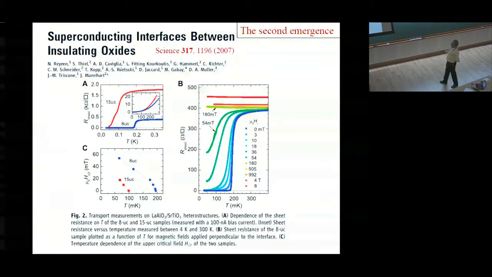And then it has a very, very small magnetic field required. The critical magnetic field required is exceedingly small for you to destroy superconductivity. The other interesting thing is that 8 UC of LaAlO3 seems to be the best combination for superconductivity. That has the highest superconducting transition. What this superconductivity is, I'll come back to later.